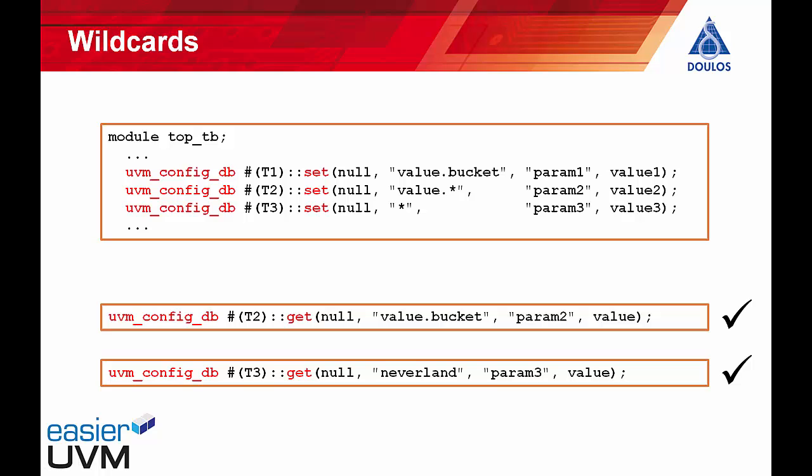The only thing to be a little careful about is there can be a performance hit to using wildcards. That's one reason for only calling set and get during the build phase, because even if there is a performance hit involved in matching wildcarded scopes, if you only call set and get during the build phase, that performance hit isn't going to affect you too much in terms of simulation time.